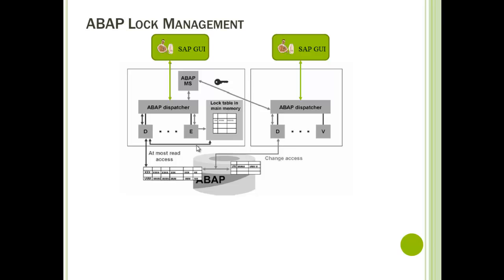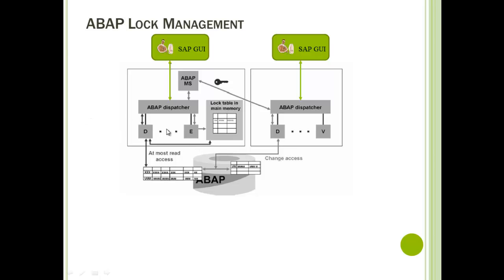At the same time, you also need to determine which data needs to be locked. If you are querying some data for display, you don't need to lock that. So you need to have some locking mechanism which will lock the data or lock the records when they are being processed. That's the reason SAP has its own lock management concept within the SAP system.